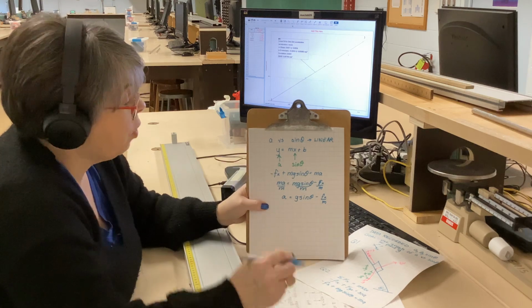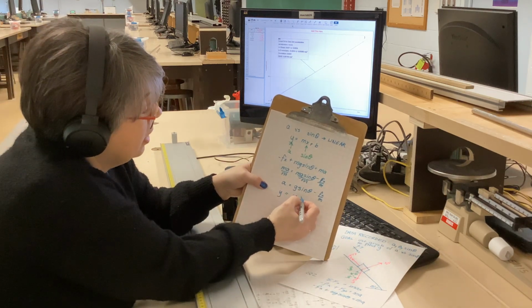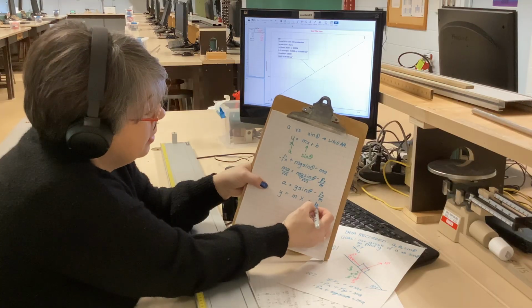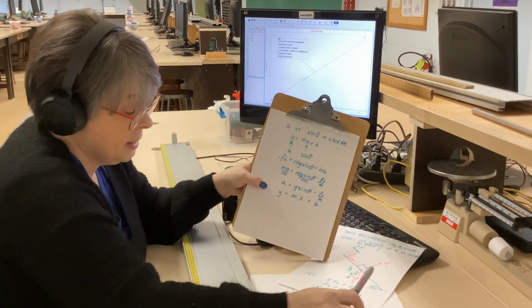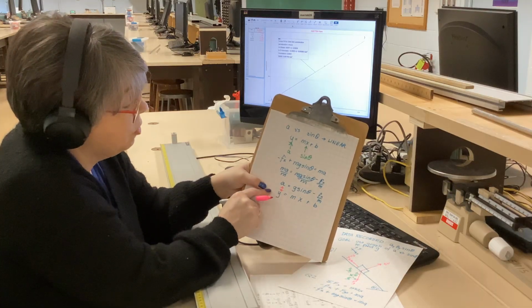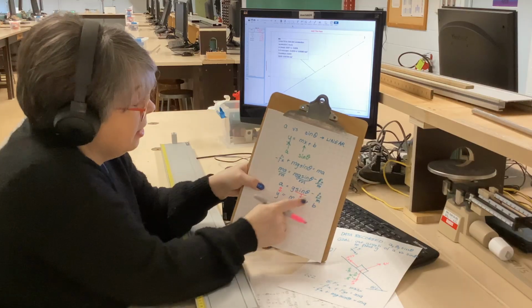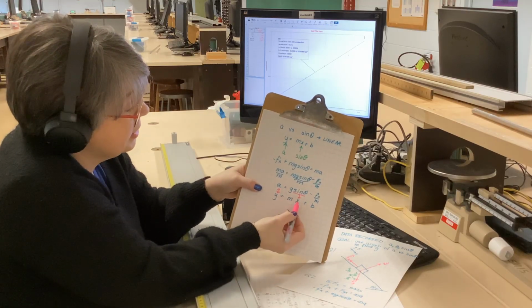Let's line it up with y equals mx plus b again and see if we can figure out what stands for what. A and y are the same thing because a is on the y-axis. Sine theta and x are the same thing because sine theta is on the x-axis.